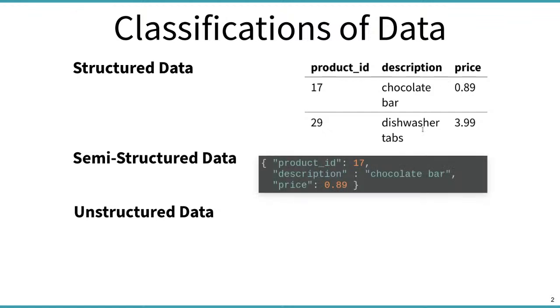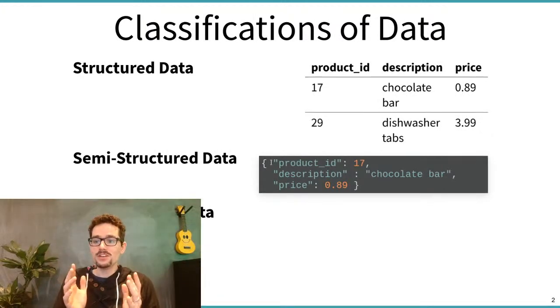Semi-structured data: the data follows a structure, but this structure is contained in the data itself. So that's what we do today. We look at data formats like here JSON, where the data contains the metadata. The metadata is part of the data itself. Here for structured data, this is not the case.